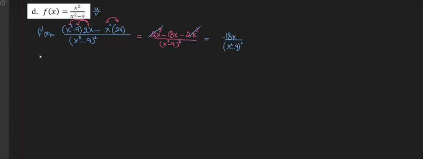We need to solve now. F dash of x equals 0, and this comes from the numerator. If negative 18x is equal to 0, this means that we have 0 divided by whatever, which this time is going to be 0. And this means that x is equal to 0, and then f dash of x is undefined.